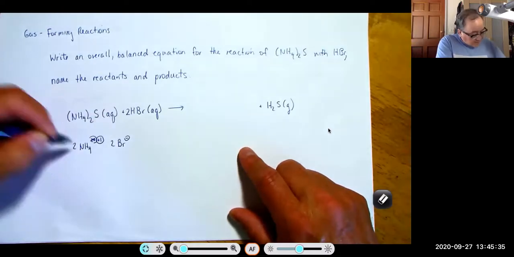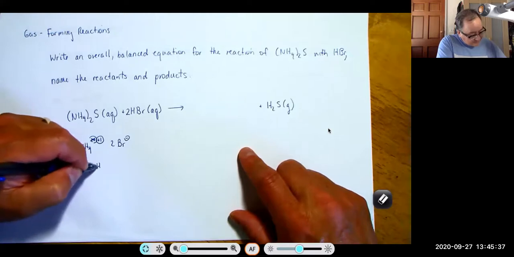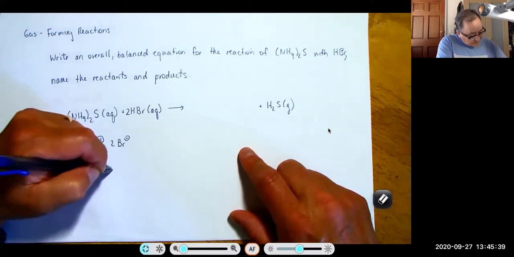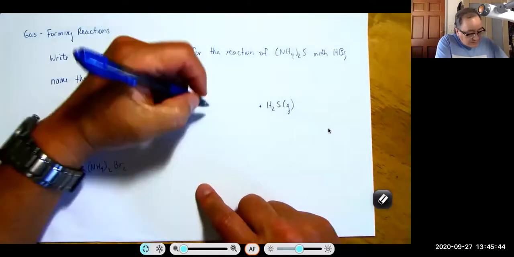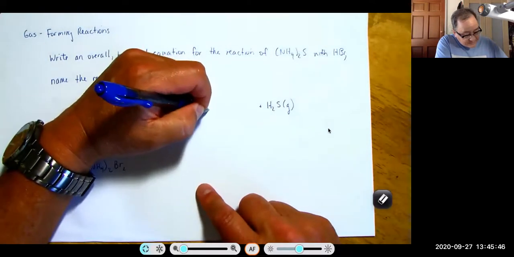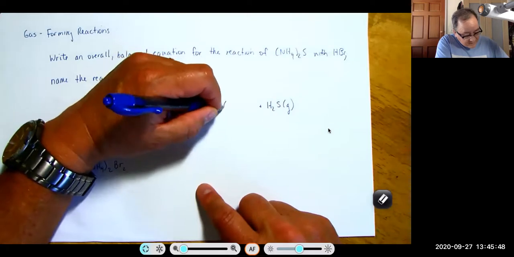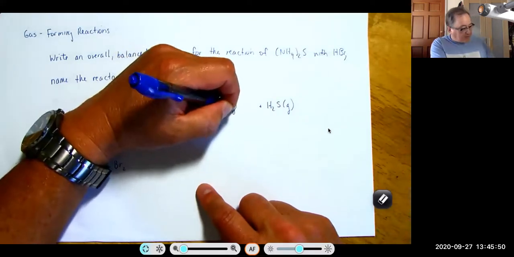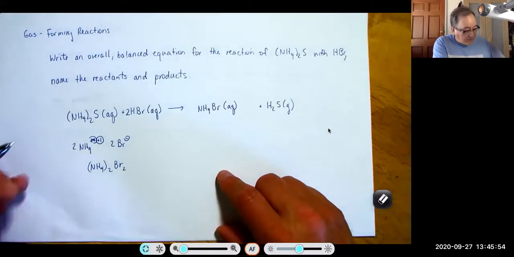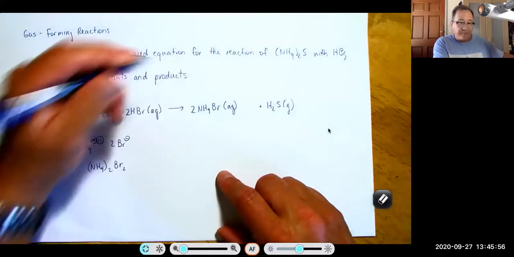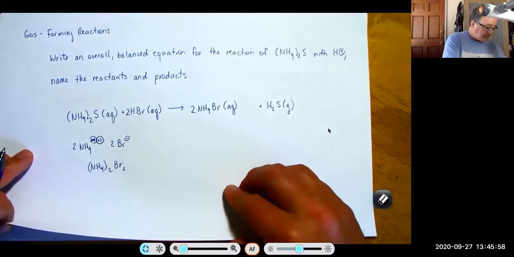So we don't want to write this because it can be simplified. What can that be simplified to? This. But how do we write down that we have two ammoniums and two bromides? We put a 2 there. And so now that's balanced.